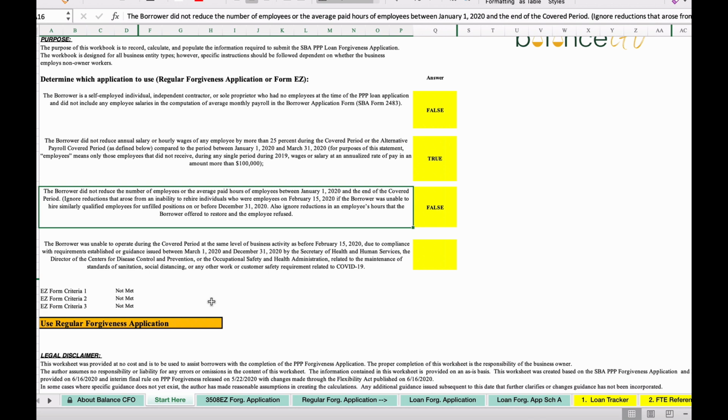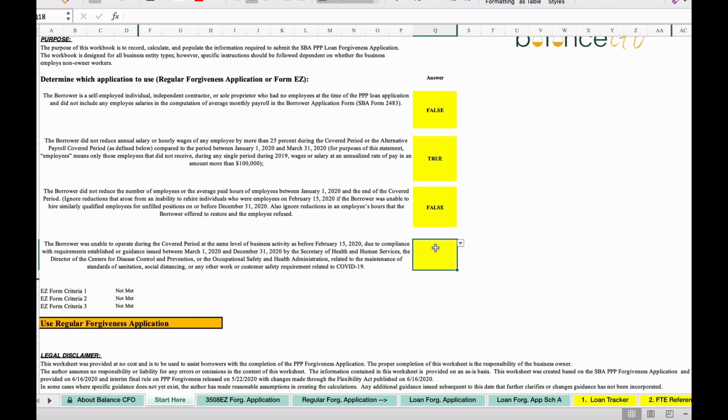Or maybe you could maintain services, but you had to be socially distanced, and that kept you from taking as many customers as you normally would, right? So if you're a restaurant and you couldn't allow as many people in, or you had to shut down the inside and only do delivery, right? Regardless of whether you shut down completely or not, then you likely can check this.